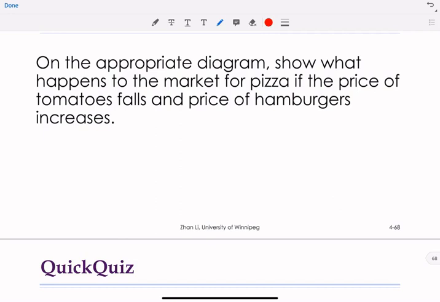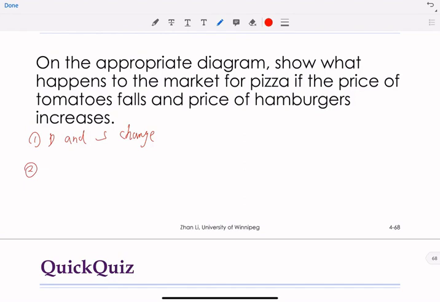So this finishes the first step. We know that both the supply curve and demand curve should change. Now the second step. Okay, first let me write down the first step. We know that both demand and supply will change. Second step, we want to understand the direction: how the demand curve and the supply curve will change.